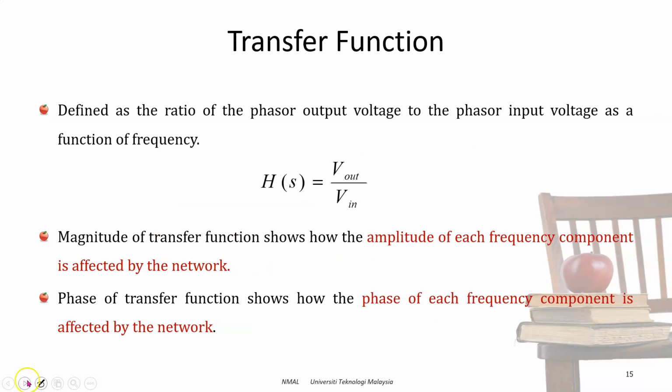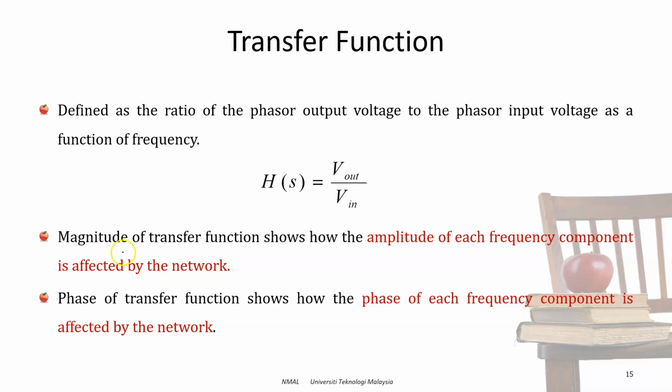When I talk about the relationship between the input and output of a circuit, it can be described by the transfer function, which is defined as the ratio of the phasor output voltage to the phasor input voltage as a function of frequency. So we represent the transfer function as H(s) equal to V out over V in.